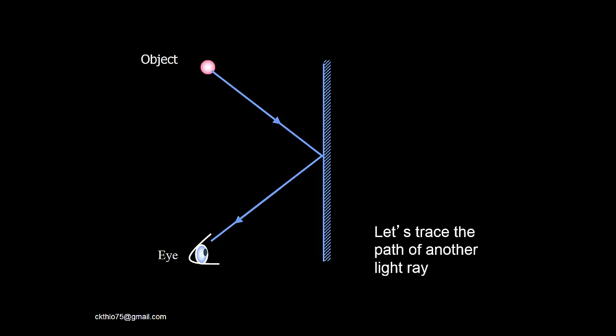So let's trace another path. If you have a second light ray, same thing, this yellow light ray would also follow the same idea, except that right now the angle of incidence is slightly different, and the angle of reflection would be the same as this new angle of incidence, so it will reach the eye.